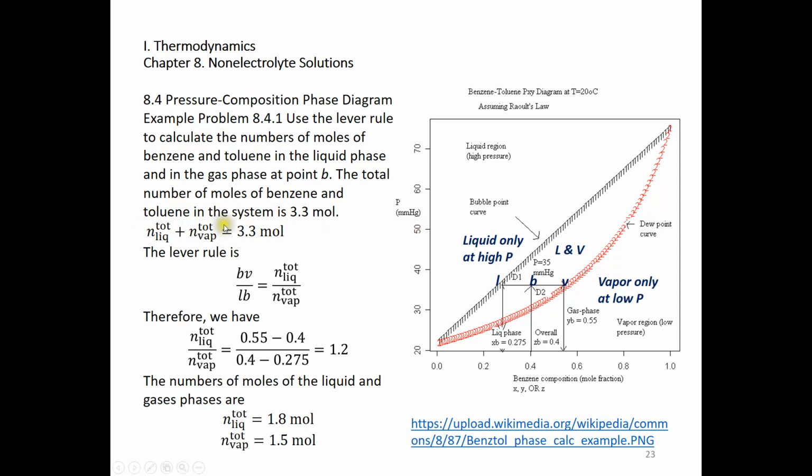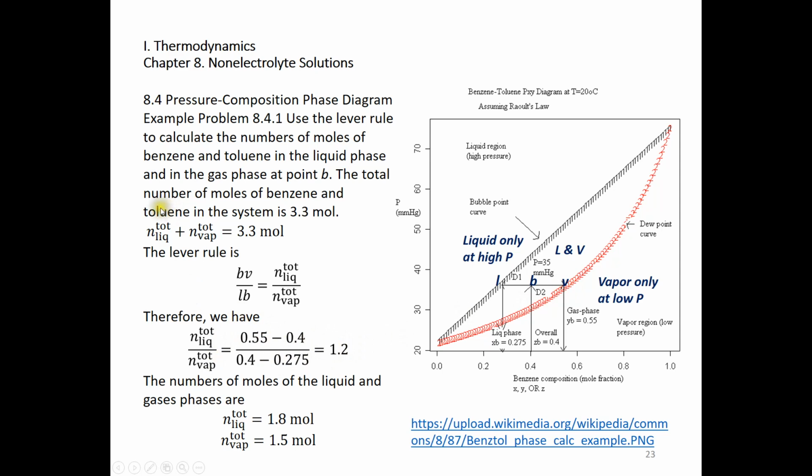It's 3.3 in total. And then we have the lever rule. We do this, and then we just look up the mole fraction at point B, V, and L. I think L is about 0.275, and B in the middle is 0.4, and V is about 0.55. Do the math, we get this ratio of 1.2.